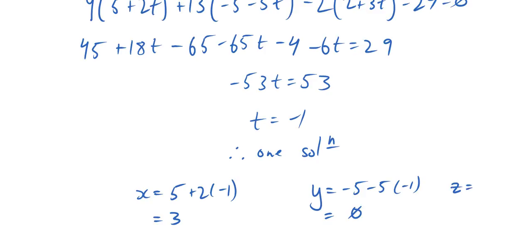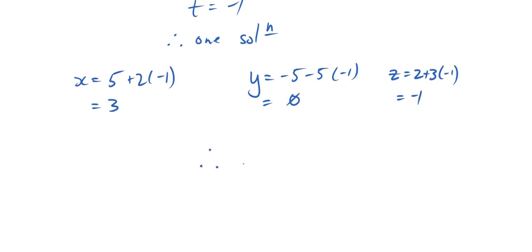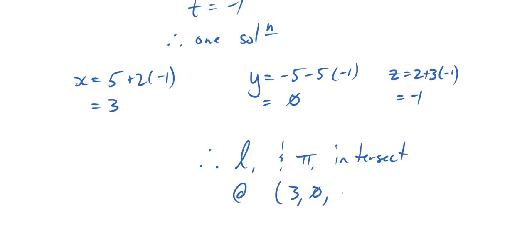And z is 2 plus 3 times negative 1, so that's negative 1. So L1 and pi1 intersect at (3, 0, negative 1). Any questions?